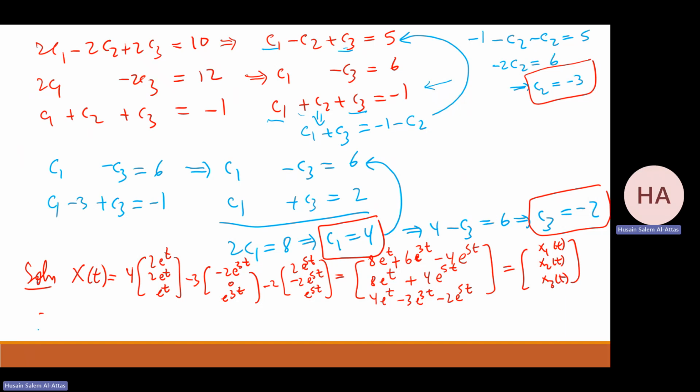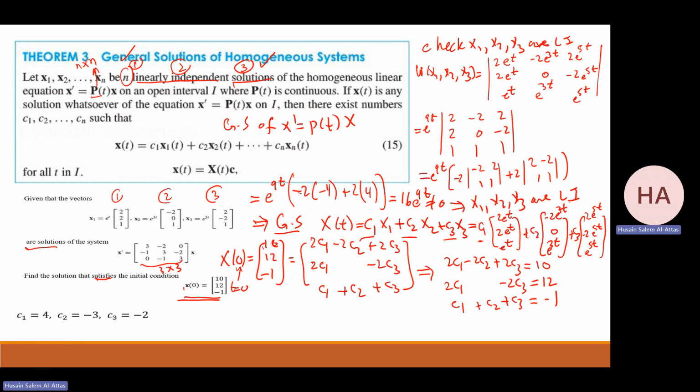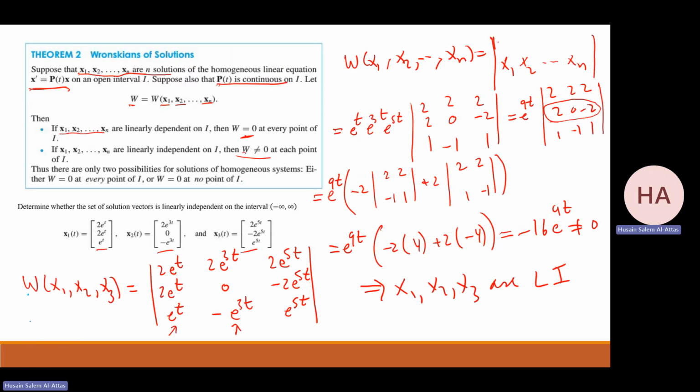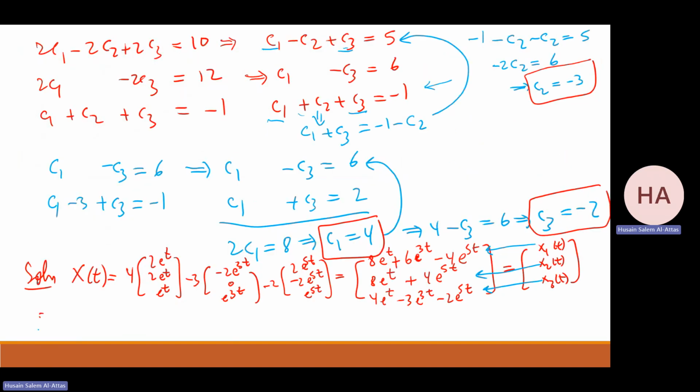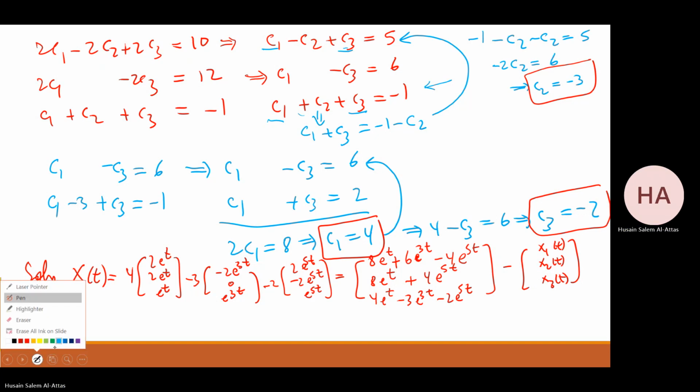So my first solution is this one, second solution is this one, third solution is this one. These x1, x2 are not the same x1s. I'm talking about a system.